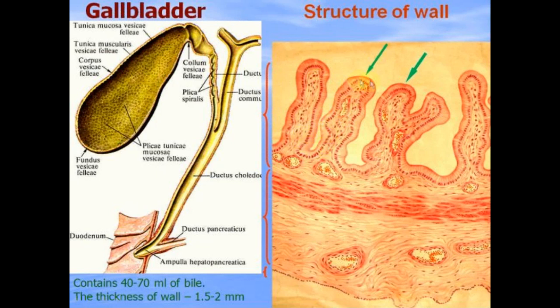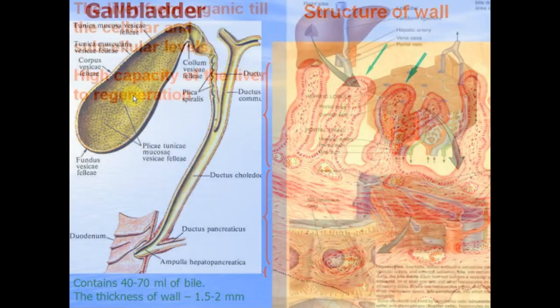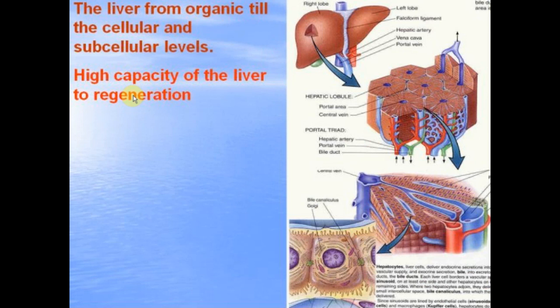It contains microvilli and can absorb water from bile, which becomes more concentrated. This is the reason why bile stones consist mostly of cholesterol. So I have described to you shortly the structure of the liver from the organ level through the tissue and cellular to subcellular levels.